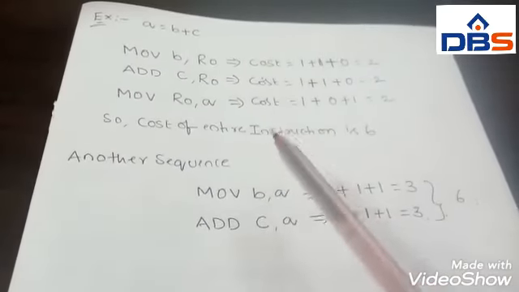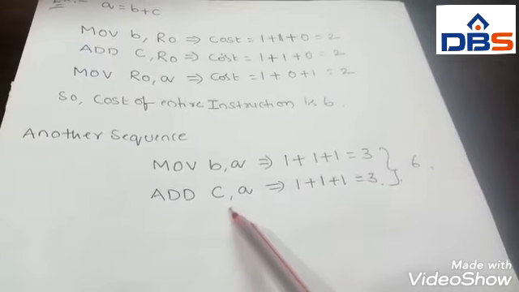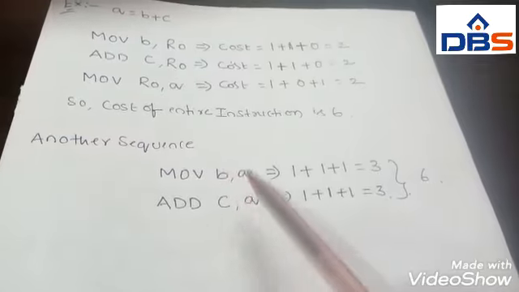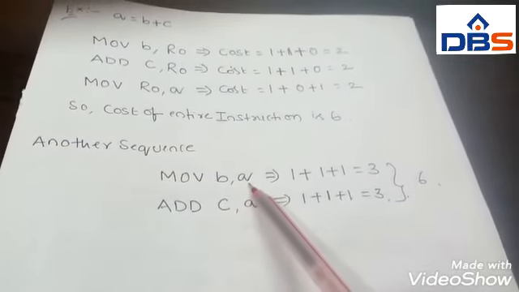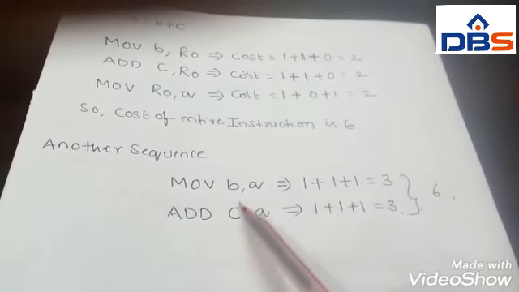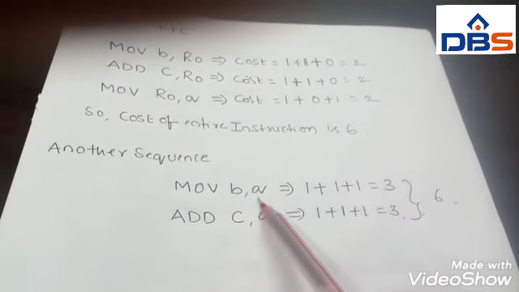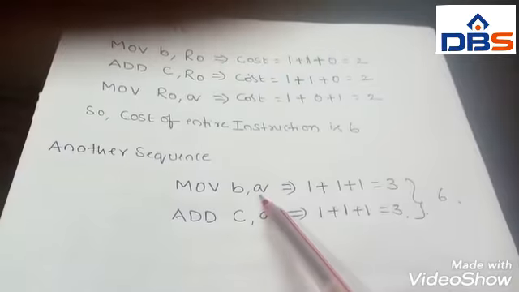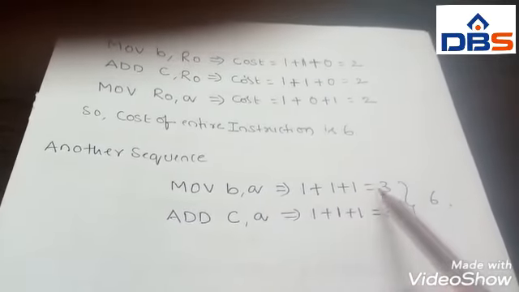For the same statement, another sequence is move B comma A as well as add C comma A. We can write it like this also. Here B is a memory and A is also a memory, so the cost is 1 plus 1 plus 1, that equals 3.